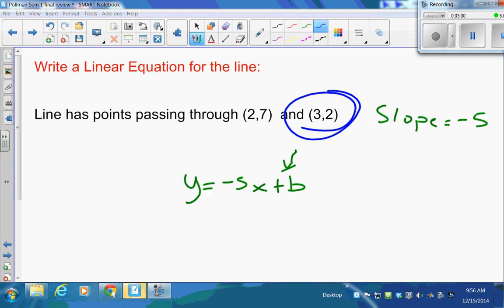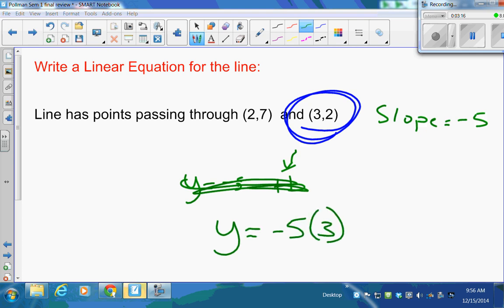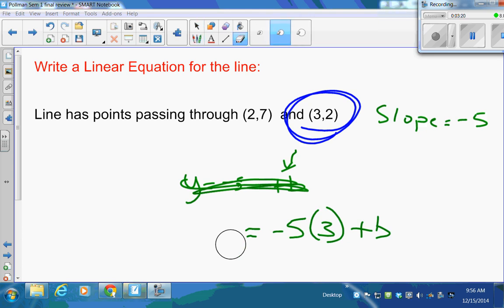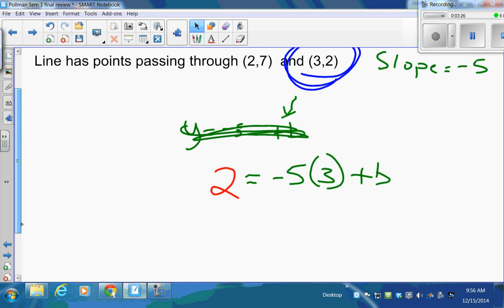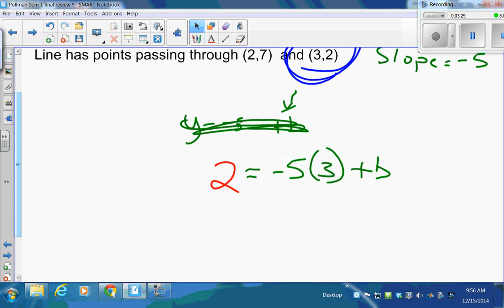I'm going to pick that equation right there. My x is 3, so I'm going to take out my x and put in a 3. Now, I'm going to take out my y, and I'm going to put in a 2. All I'm doing is substituting x for x and y for y.